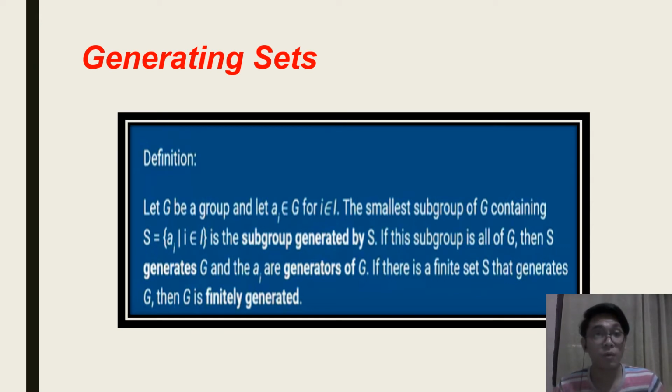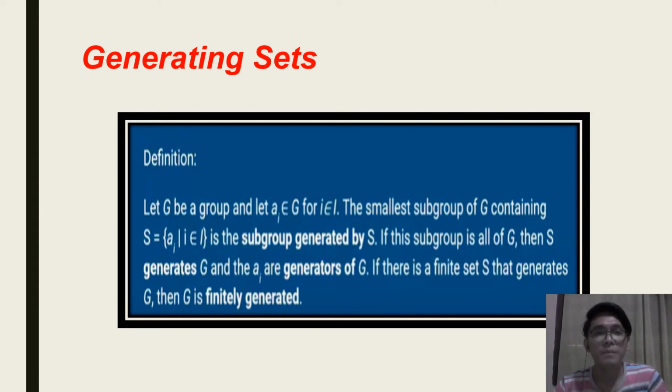Let G be a group and let a_i be elements of G for i an element of capital I. The smallest subgroup of G containing S, equal to the set of a_i such that i is an element of capital I, is the subgroup generated by S. If this subgroup is all of G, then S generates G and the a_i are the generators of G. If there is a finite set S that generates G, then G is finitely generated.